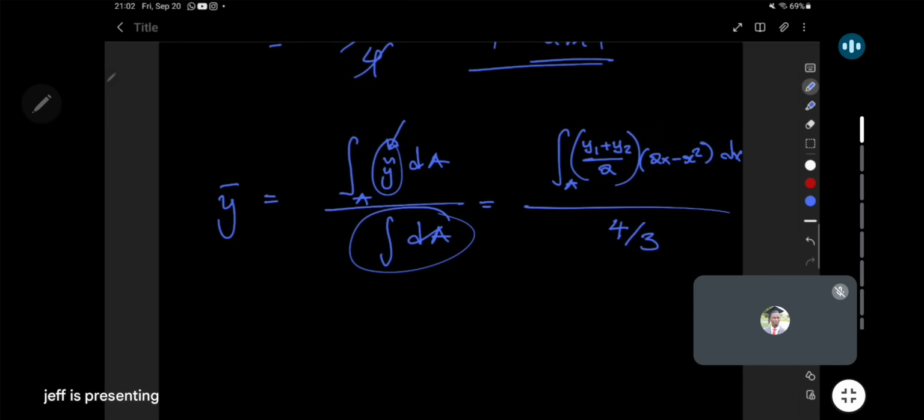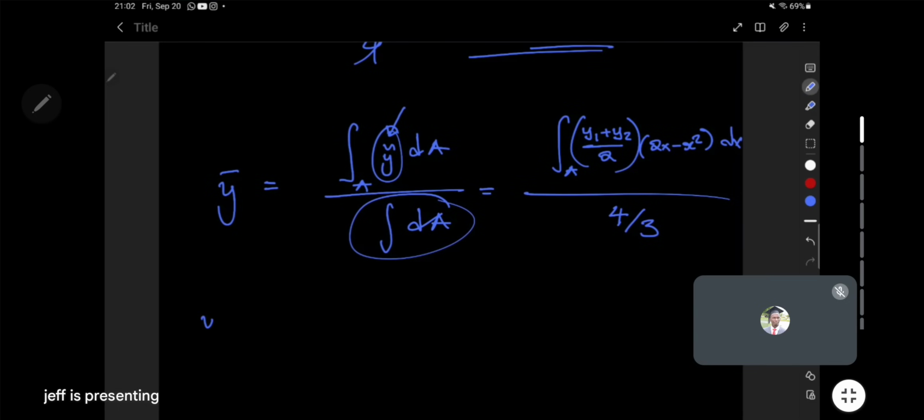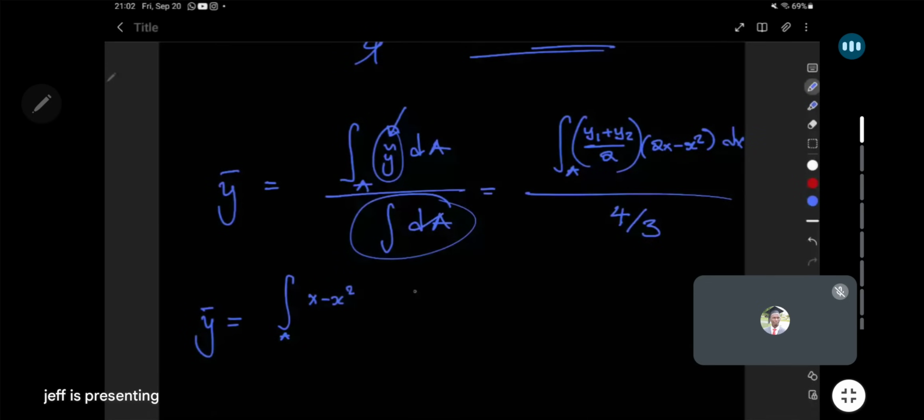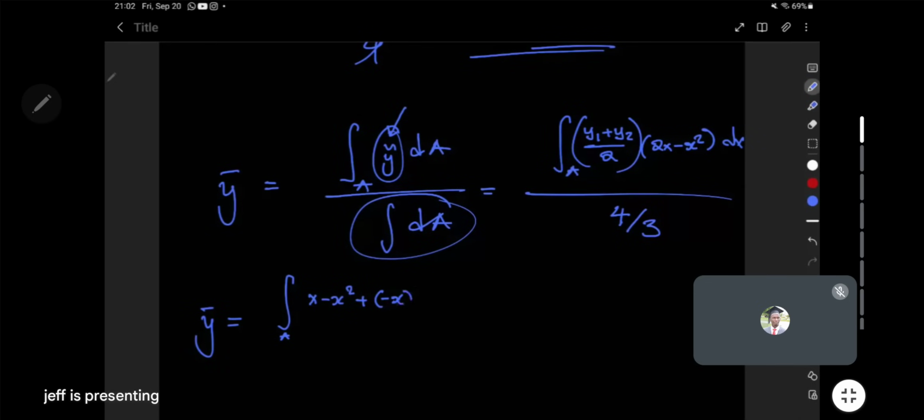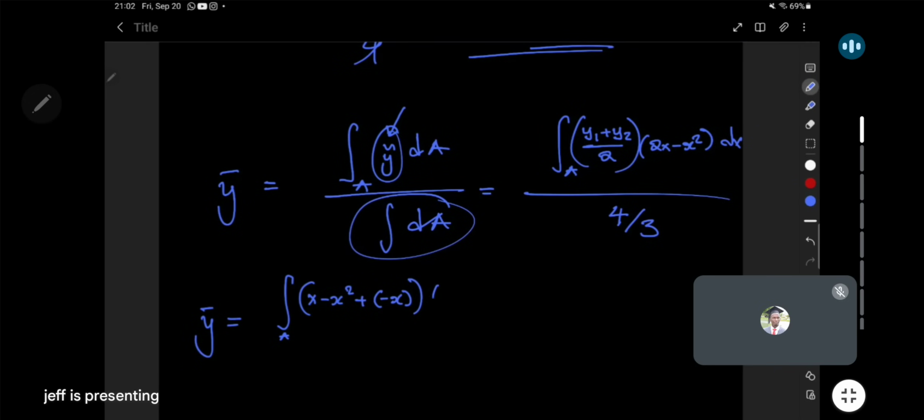Okay, so with that done, what is our y1? So if we recall, our y1 is x minus x squared plus our y2. Our y2 is negative x. And then this remains 2x minus x squared dx there. Is it 2x?